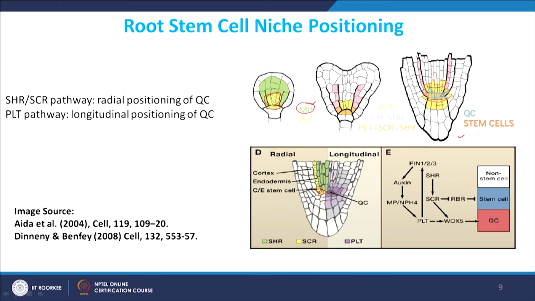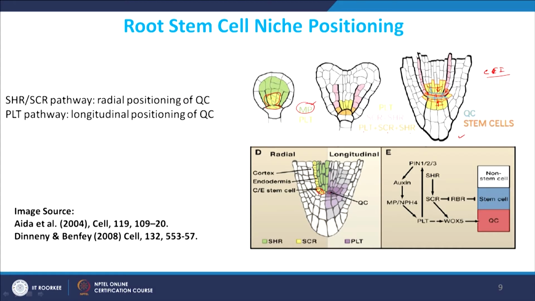But if you look at this cell, this is basically the QC as well as the CEI initials, the cortex endodermis initials. These are the cells where all three genes are expressed: plethora, scarecrow and short root. So basically the hypothesis is that short root and scarecrow are helping in positioning the stem cell niche in the radial manner, whereas plethoras might be helping in positioning the stem cell niche in the longitudinal manner.